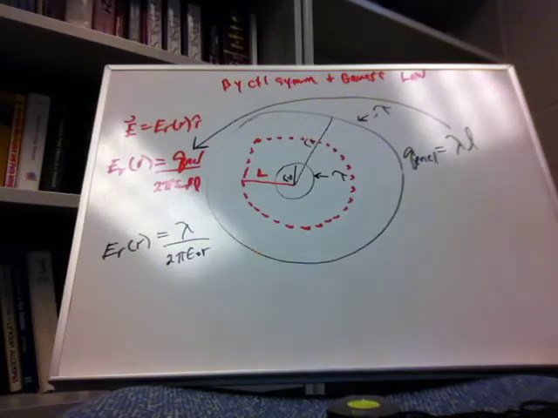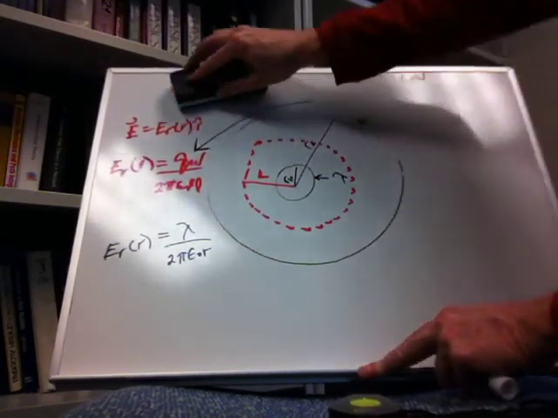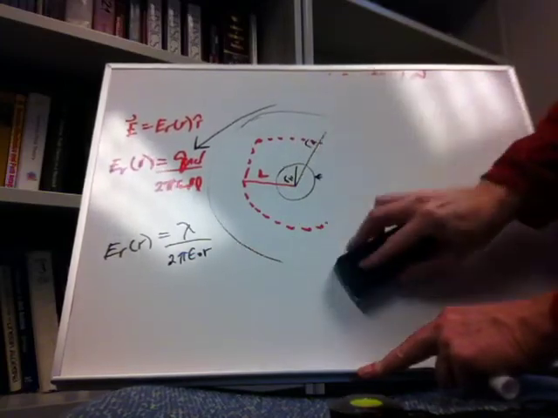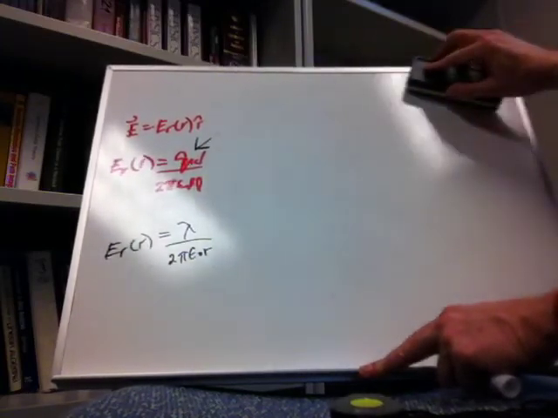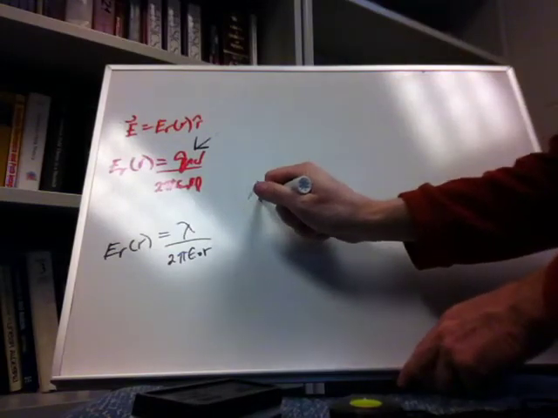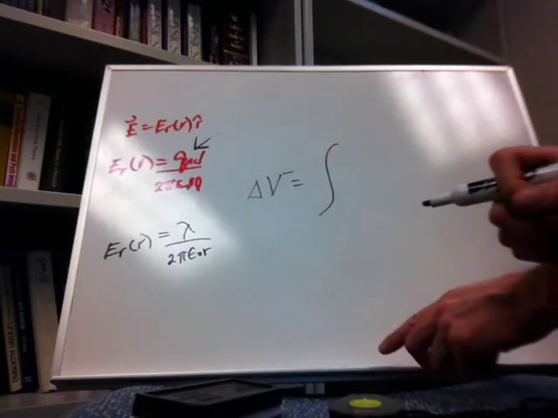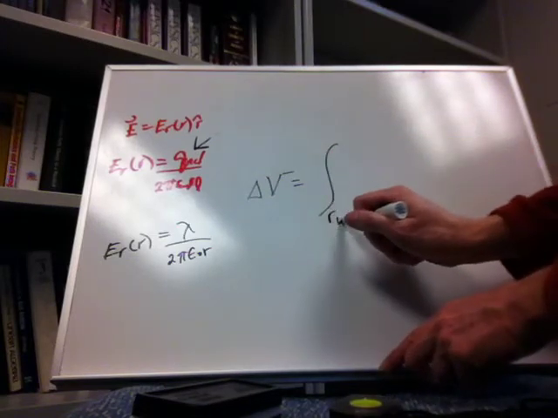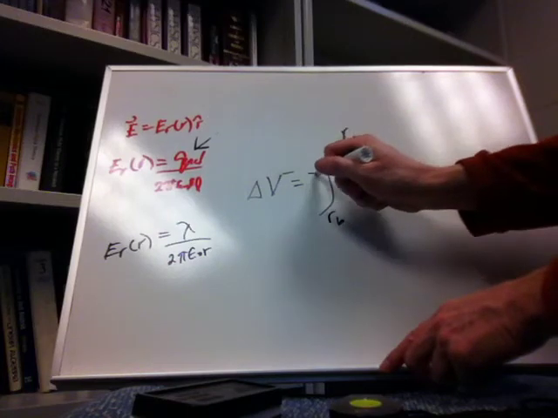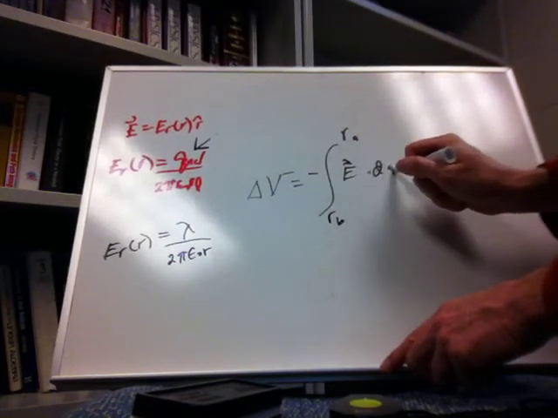Now, let's do our integral. We get delta V. Delta V, we'll integrate from RB to RA of minus E dot ds.